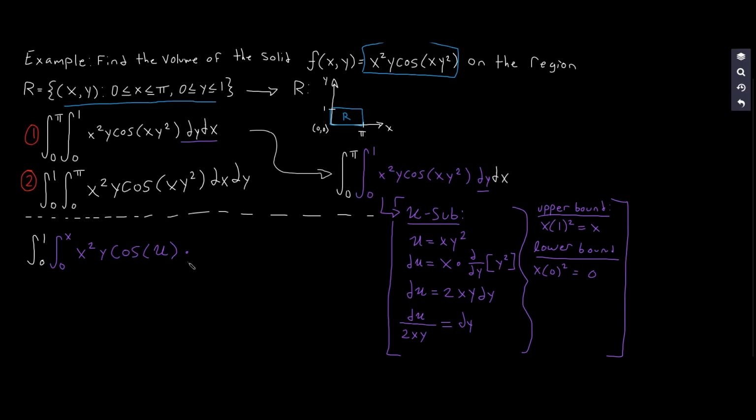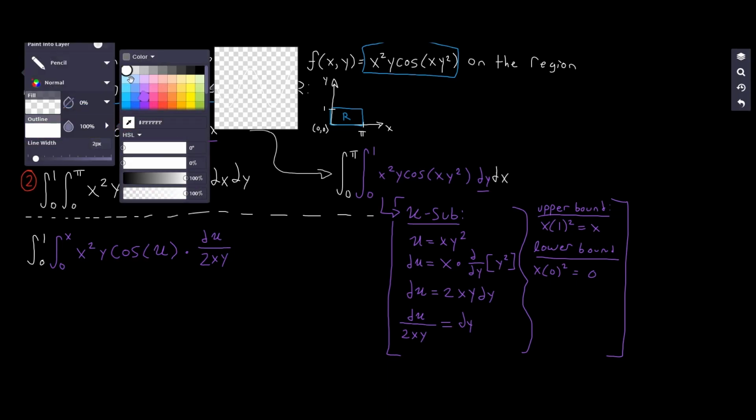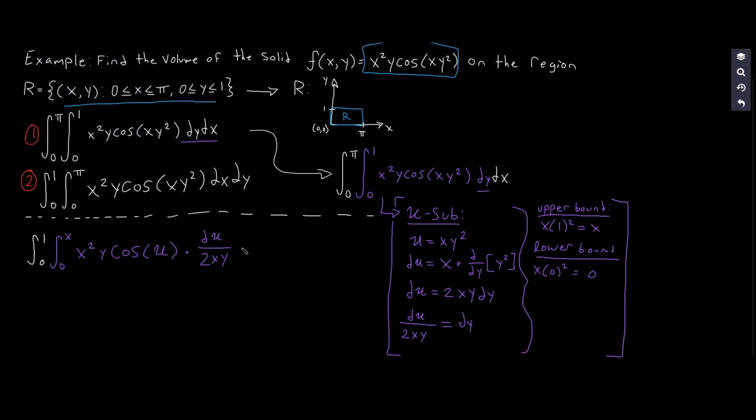And so dy is now du over 2xy. Then I could cancel a y and one x, I think. And so dx, and this is going to be 0 to 1.